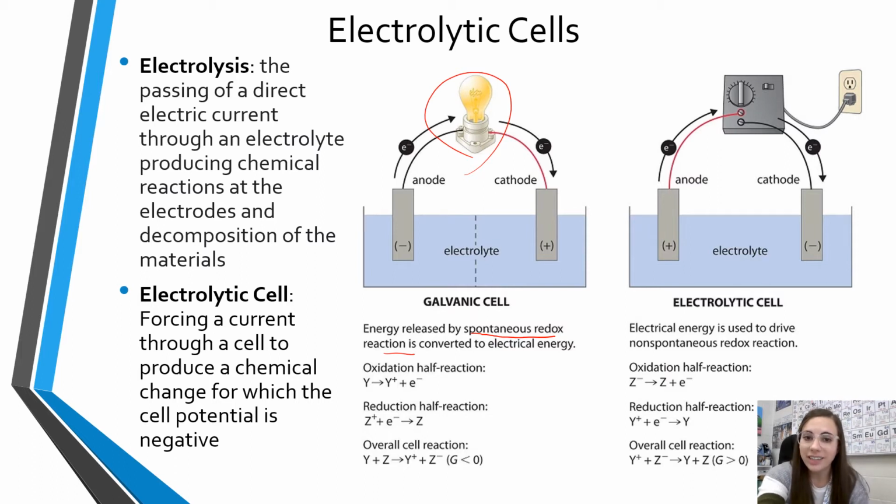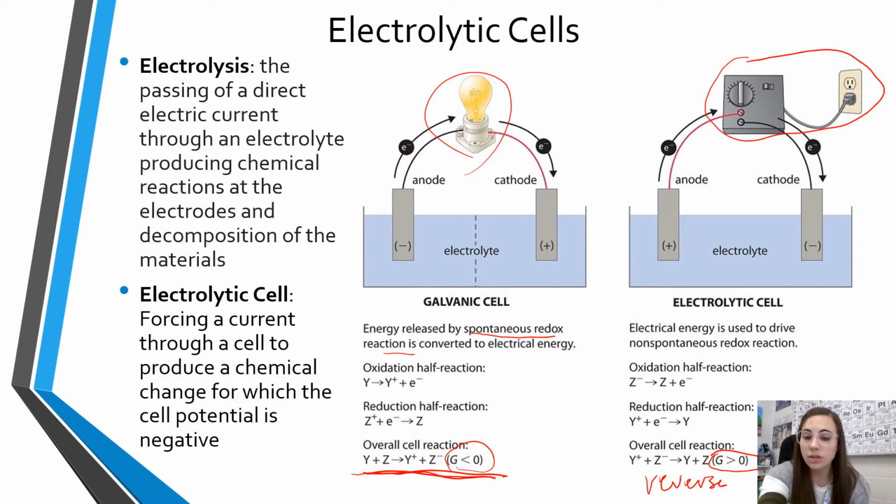An electrolytic cell is going to run this same reaction, for example, but in the reverse direction. If it is spontaneous in the forward direction with a negative delta G, then it is non-spontaneous in the reverse direction with a positive delta G. The only way that's going to happen is with an external input of energy.